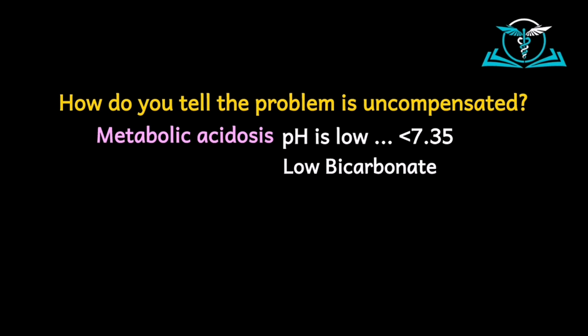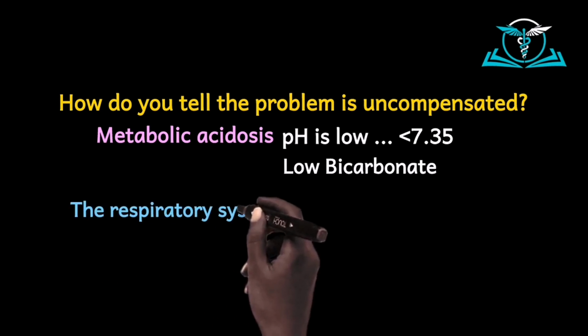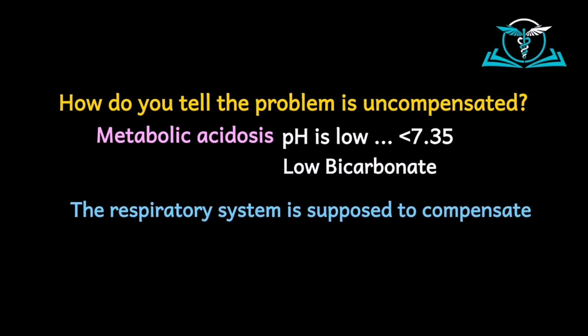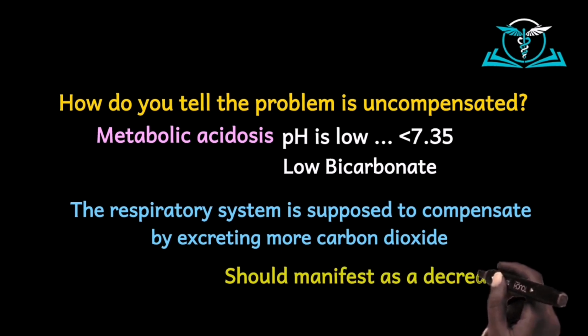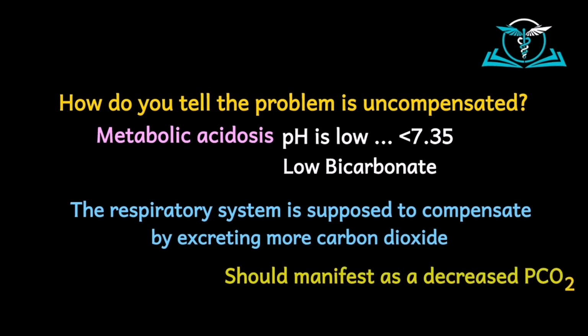Now, in compensation, remember that whenever there is a metabolic problem, the respiratory system tries to compensate. The respiratory system is supposed to compensate by excreting more carbon dioxide, because carbon dioxide is acidic, and if more is excreted, it will reduce the acid status of the body. And so this should manifest as a decreased PCO2.